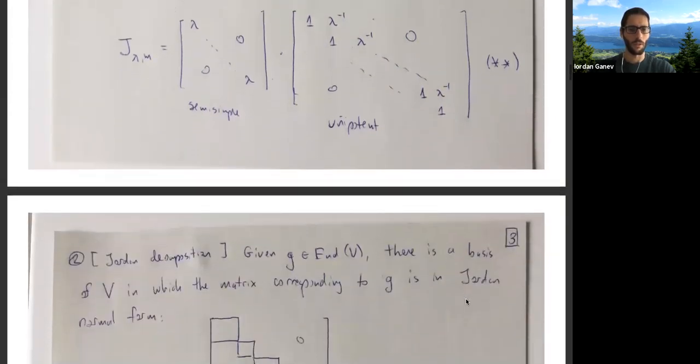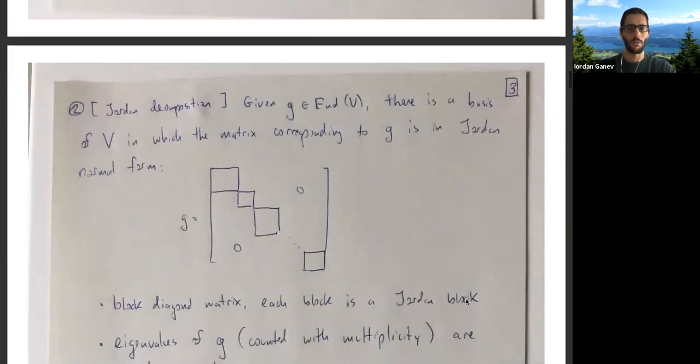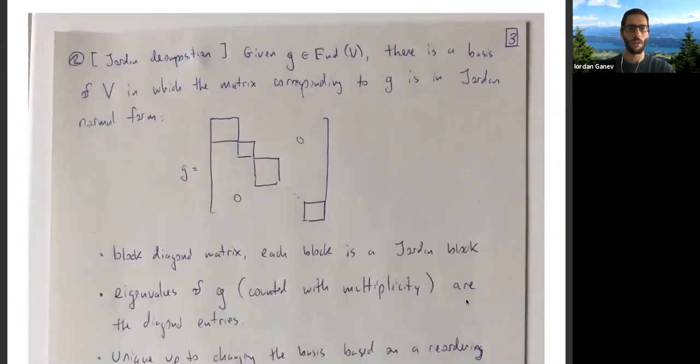What about the Jordan decomposition? Well, the Jordan decomposition theorem says that if we have any endomorphism, then there's a basis of V for which, if we write down this endomorphism in that basis, then it has what's known as Jordan normal form.